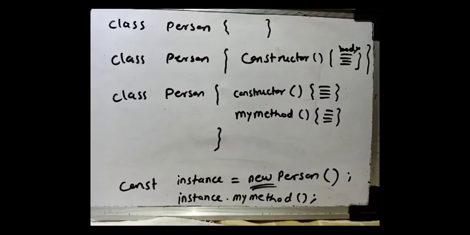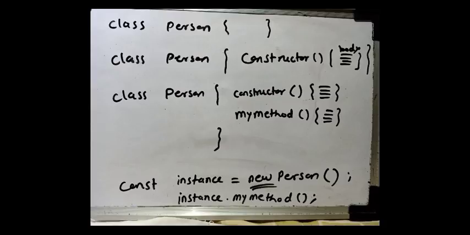You know the purpose of a constructor: to create an object and return that object outside, for the outsider. And obviously a method contains some business logic. So if I want to declare a person class, this is the way I declare.